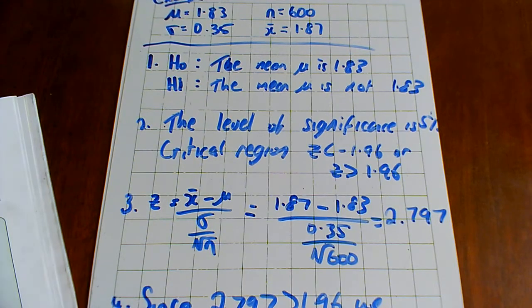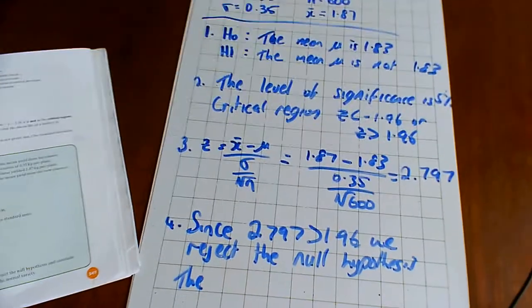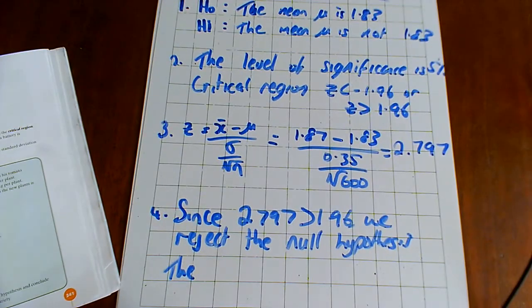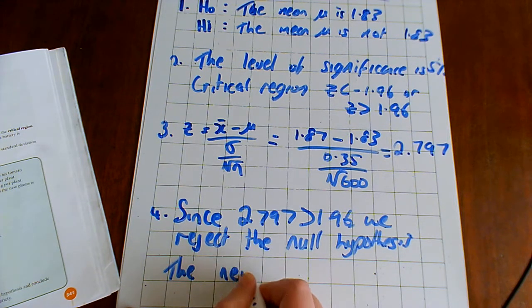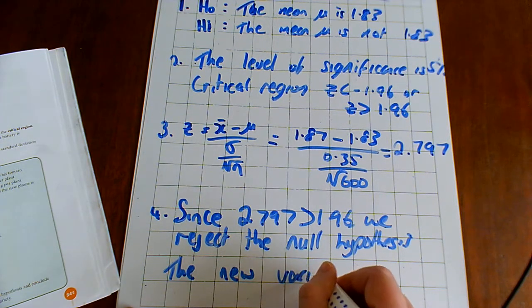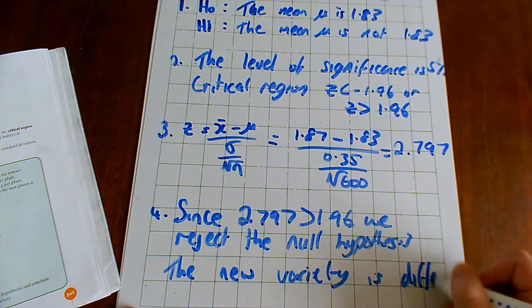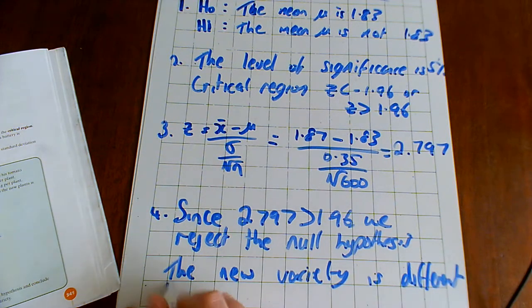Now look, they've put this statement at the end in context. So sometimes they'll say in context of the question. So that instead of saying we accept the null or the alternative hypothesis, they've said the new variety of potatoes is different to the normal variety.